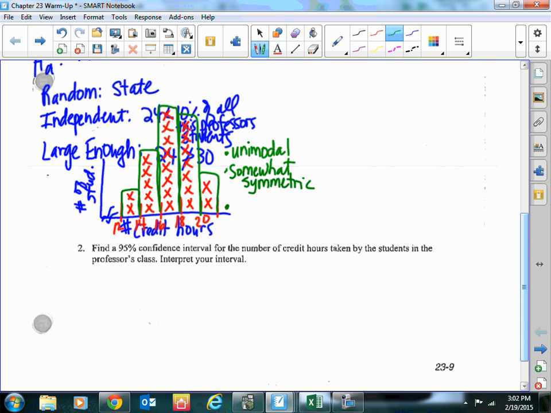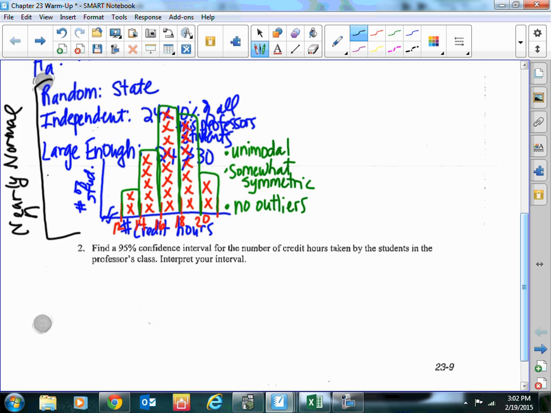And let's see, what's the last one? Okay, and I have no outliers. So therefore now I will summarize this and end these conditions with the statement nearly normal model applies, because I'm going to have to do t-curves, so it's not a perfectly normal model.